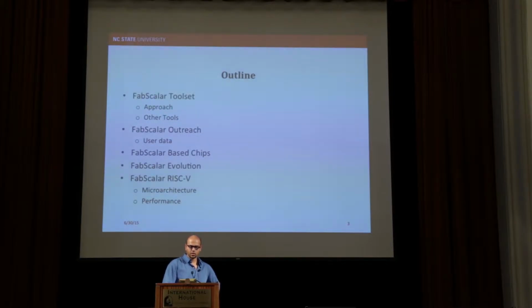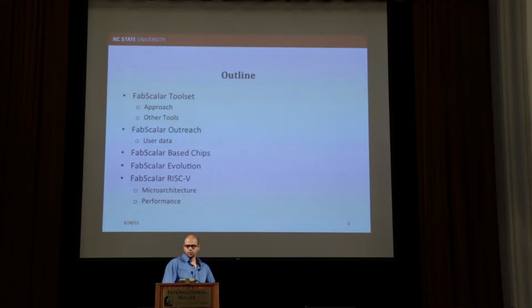This is the outline of my talk. I'll talk about the tool set and the approach it takes at generating the out-of-order cores. Then I'll move on to talking a little bit about the other tools that come with it. I'll talk a little bit about the FabScalar outreach and who is using it, how many people have downloaded it so far.